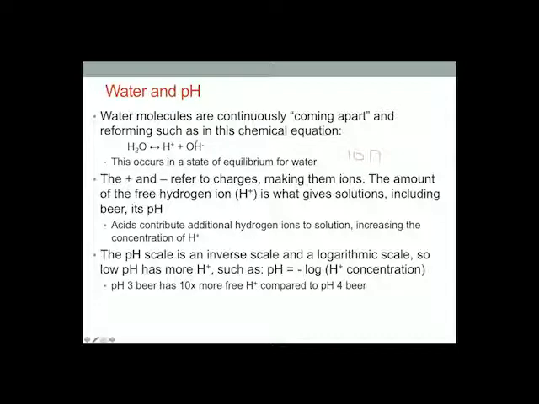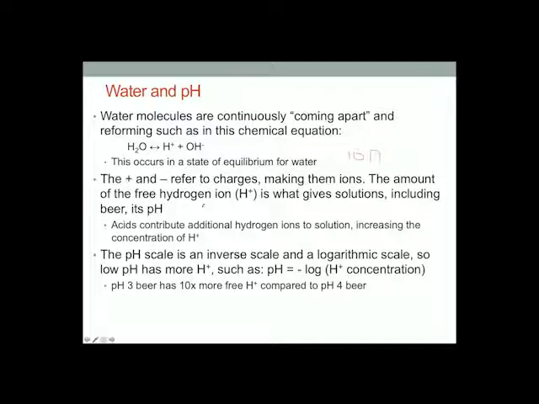So this is always happening in water, and in fact, if we want to consider the concentration of the free hydrogen ions in water, that concentration of H plus is what we define as its pH, and that is for any solution or any liquid, including beer.